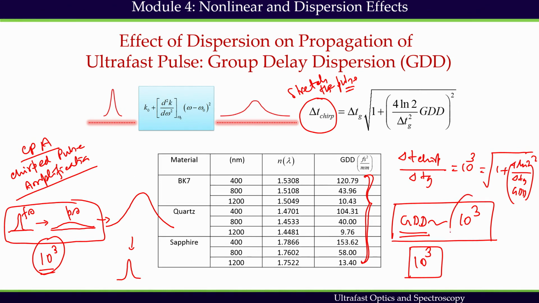I need 10 to the power 3 femtoseconds squared per mm kind of GDD from a medium. No material can actually produce this amount of GDD to achieve the desired pulse stretching in the CPA scheme. We have to use a grating, because only a grating can provide this amount of GDD.